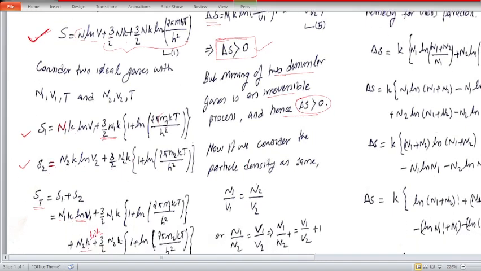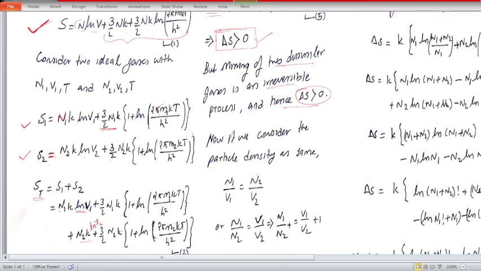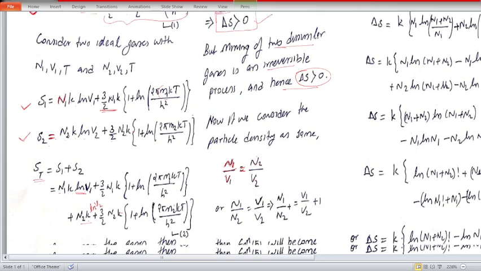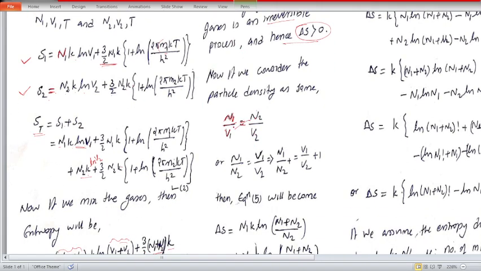Now if we consider the particle density as the same, particle density meaning the number of particles per unit volume, with n1 particles in v1 volume and n2 particles in v2 volume, then equal particle density means n1 by v1 equals n2 by v2. Then n1 by n2 equals v1 by v2.